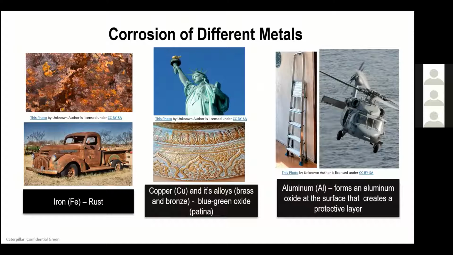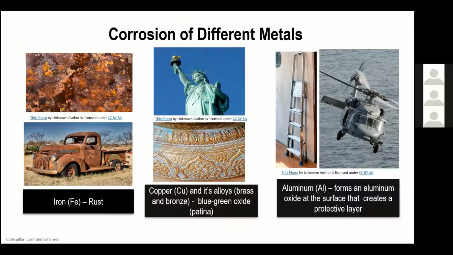Corrosion, or oxidation and corrosion, is really in the eye of the beholder. Sometimes people like the different types of oxidation that occur, for example, on copper. You get this blue-green oxide, this patina appearance, and in many cases, people like that color.